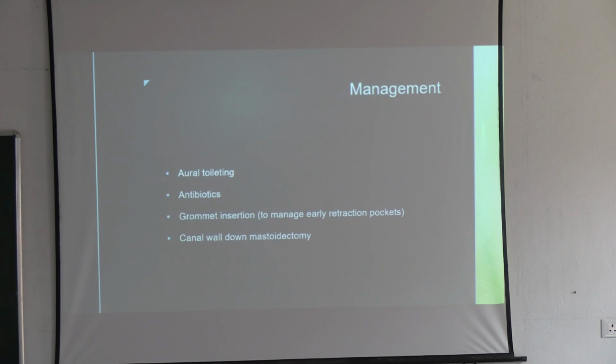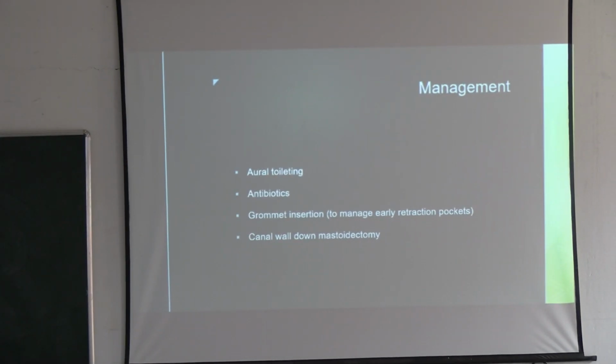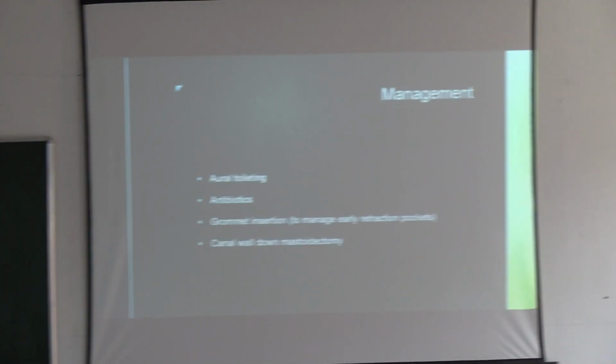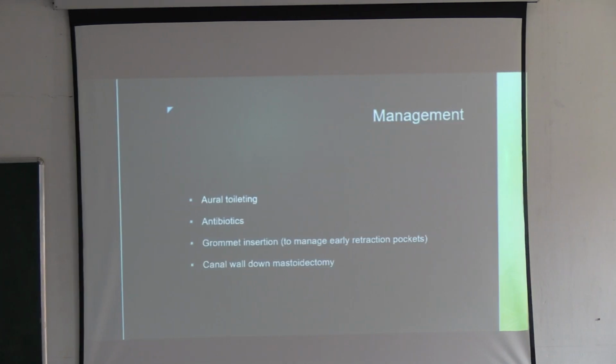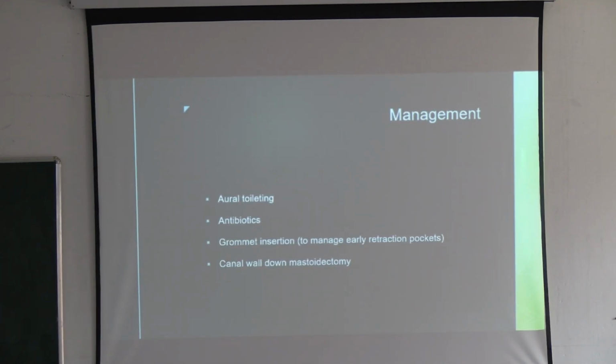Management: ear toileting, antibiotics, grommet insertion to manage the early retraction pocket. Early retraction pocket, called retraction cholesteatoma, can be prevented by grommet insertion in early stages. Definitive surgery is mastoidectomy: canal wall down, canal wall up, or intact canal wall mastoidectomy. That is the surgical management of cholesteatoma.